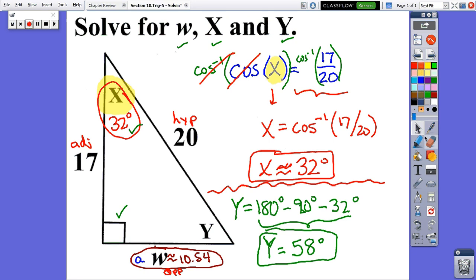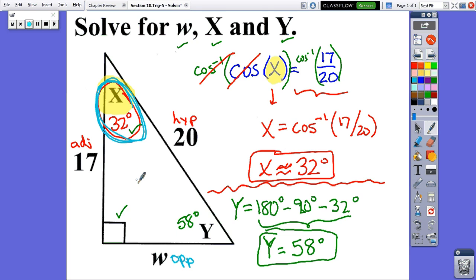Now, one last final thing that I'm going to say here. Let's say you figured out that X was 32 and Y was 58, and you didn't use the Pythagorean theorem to solve for W. Now, what you could have done is you could have labeled W as the opposite side of our angle X, and you could have worked with opposite and hypotenuse and set up a sine problem, or you could have set up opposite with adjacent and set up a tangent problem instead.